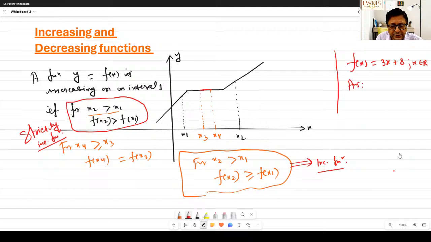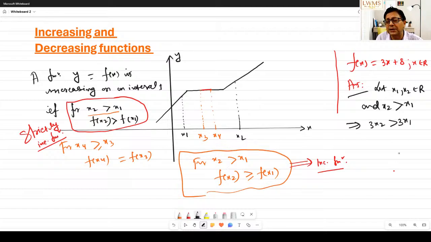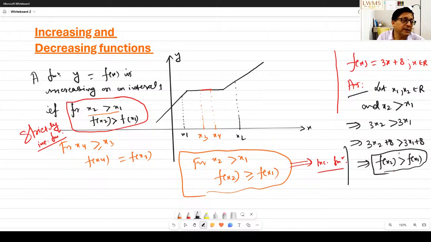Let x1, x2 belong to R and x2 greater than x1. This implies 3x2 greater than 3x1. This implies 3x2 plus 8 is greater than 3x1 plus 8. Or this implies f(x2) greater than f(x1). Clear? So this function is increasing.